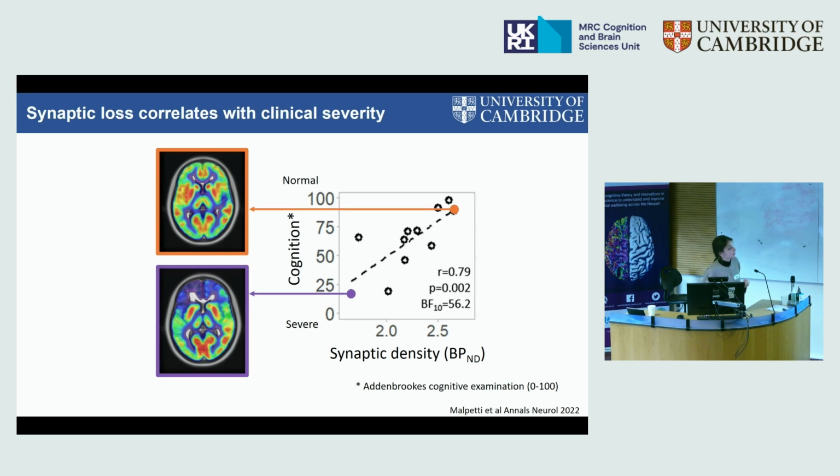We identified a strong correlation between synaptic density and cognition, using both the frequentist and the Bayesian approach. The patient in orange performs quite well in this cognitive test, while the patient in purple performs very poorly in the cognitive assessment and has quite a bad synaptic loss in the left frontal regions.